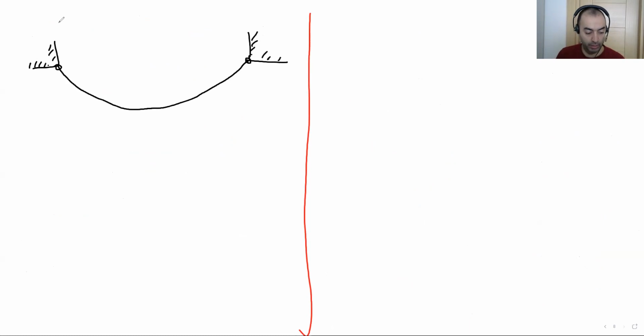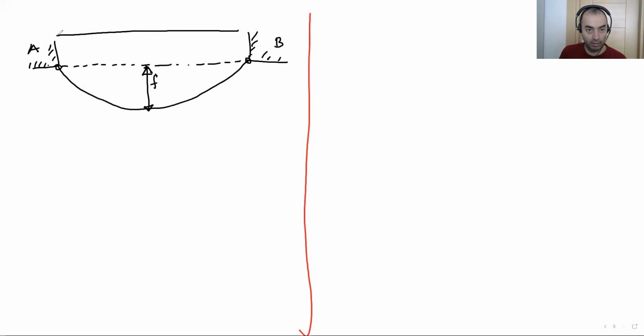A and B. The span is 30 meters, and we have 40 kilograms per meter distributed load.